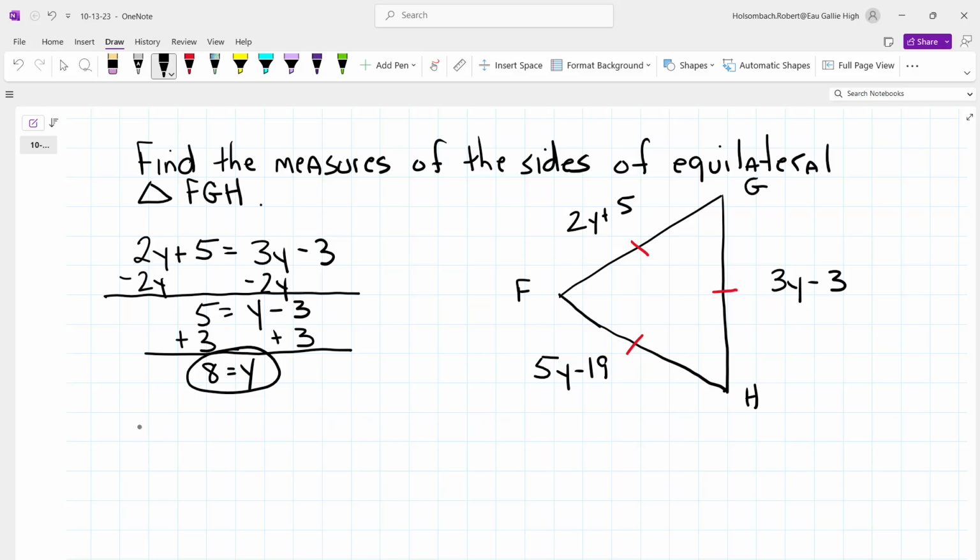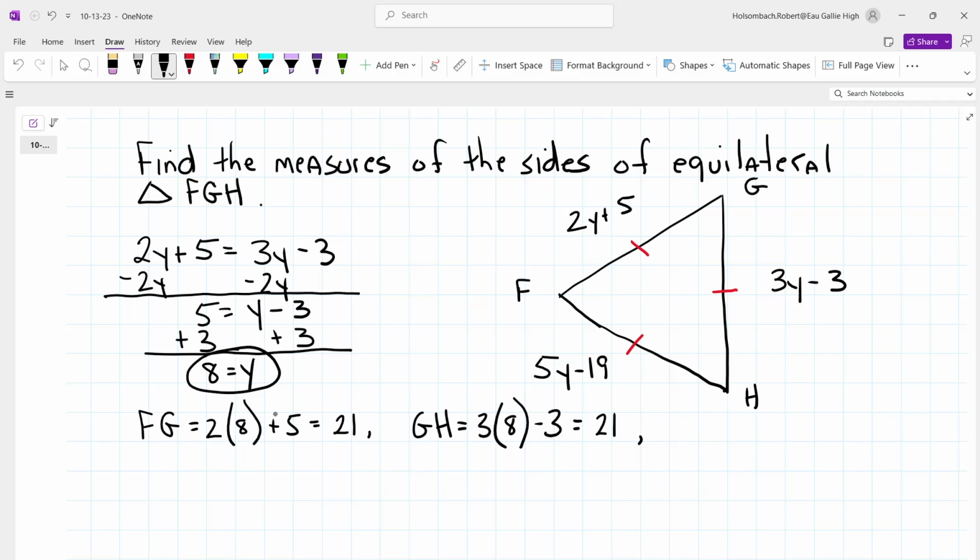So we'll do FG first. FG equals 2 times 8 plus 5. 16 plus 5 is 21. GH is equal to 3 times 8 minus 3. 3 times 8 is 24, minus 3 is 21.